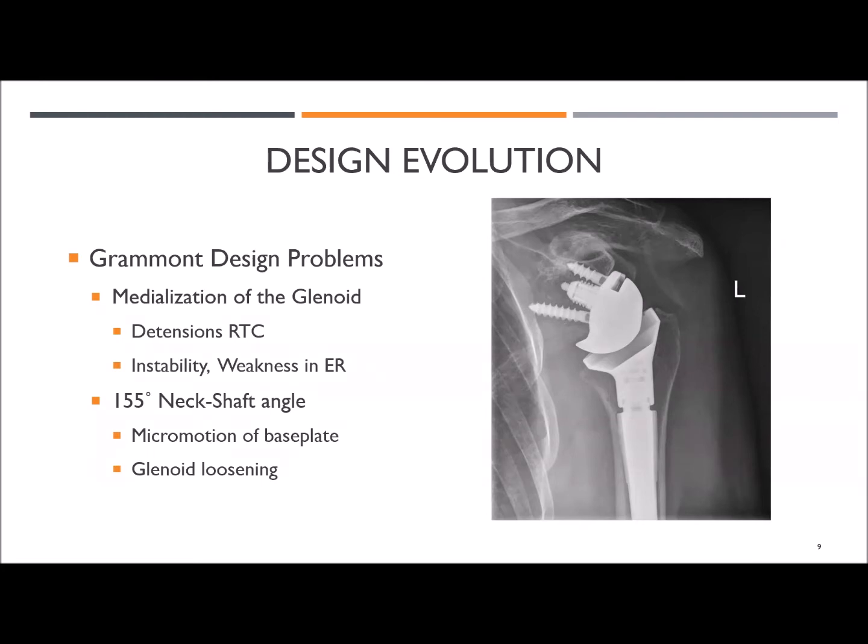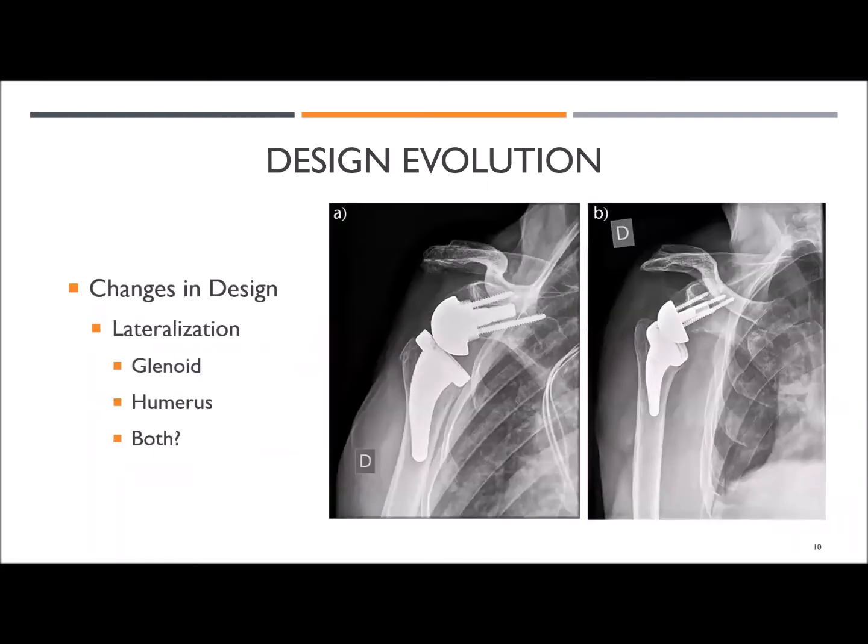So changes in the design, if you go to the next slide, the changes that are being made now to try to compensate for those problems are, one, lateralization of the glenoid. And this can happen one of two ways. You can do it by implant design. If you look at picture A here, look at the glenoid base plate, you can see that there's an extension on the base plate, a little block there to lateralize it.